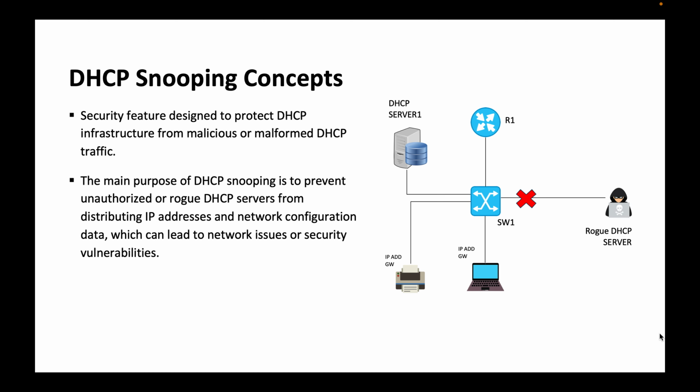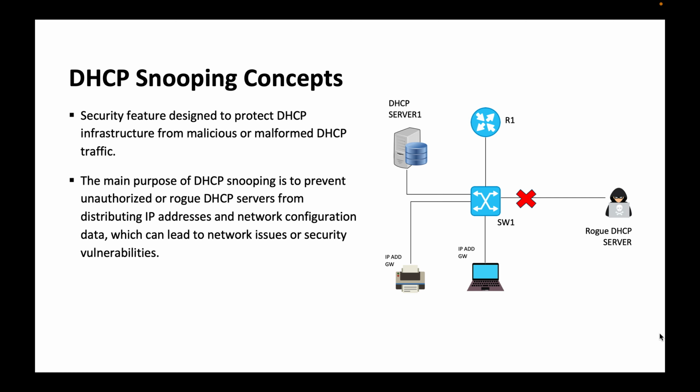The main purpose of DHCP snooping is to prevent an unauthorized or rogue DHCP server from distributing IP addresses and network configuration data, which can lead to network issues or security vulnerabilities.